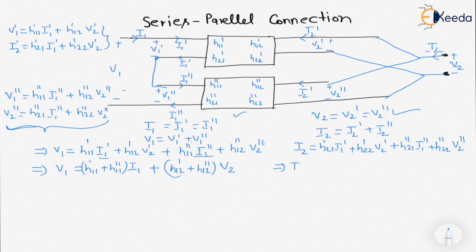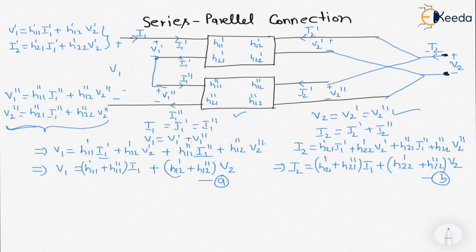From here we can write I2, since I1 dash and I1 double dash are the same, as H21 dash plus H21 double dash into I1 plus H22 dash plus H22 double dash into V2. So we have this equation A and this equation B.